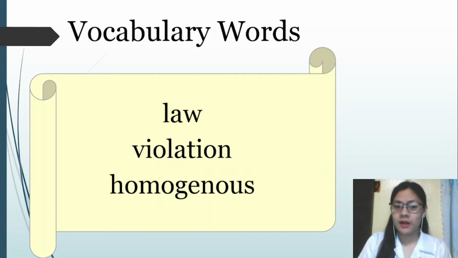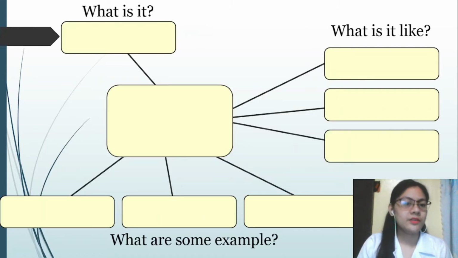The first vocabulary word is law, the second one is violation, and the third one is homogeneous. We are going to learn these vocabulary words through a graphic organizer. And here is our graphic organizer. Can you see it? Is it visible?